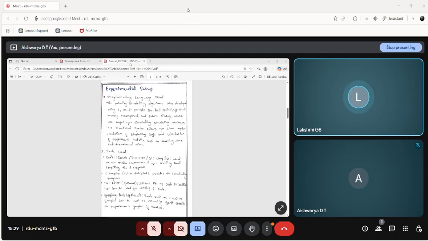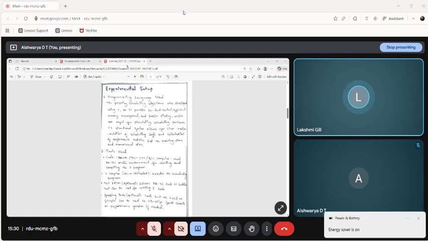C's structured syntax allows for clear implementation of scheduling logic and calculation of performance metrics such as waiting time and turnaround time.